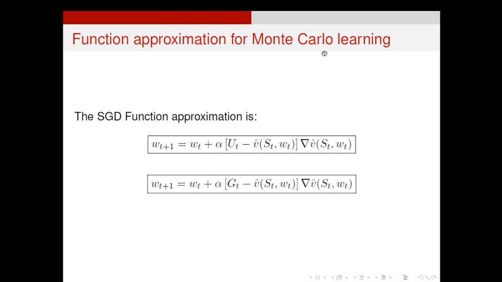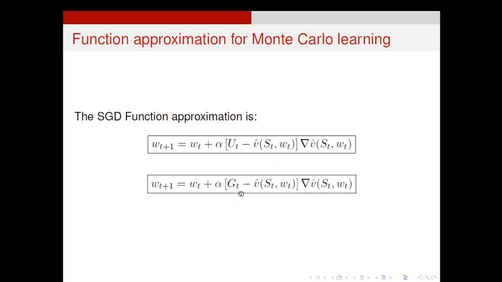When we apply the Monte Carlo method, we should apply Gt, the Monte Carlo return, instead of this Ut. But note that this Gt is an unbiased estimate for v pi of s, which we have already proved in the Monte Carlo learning method. So this is the updation formula. So Ut is replaced by Gt.